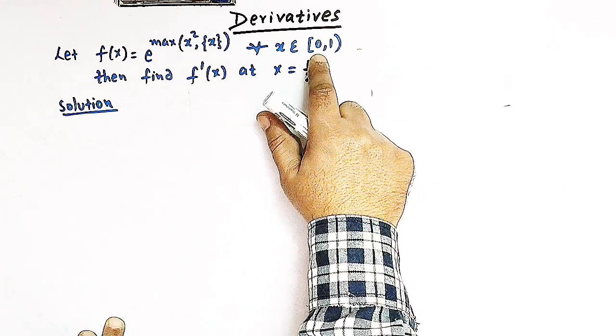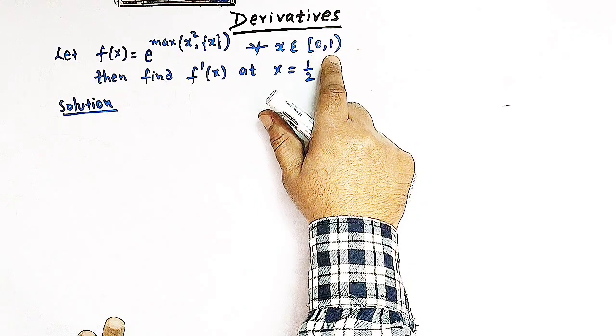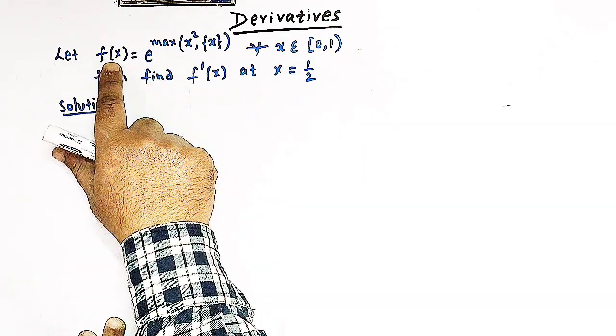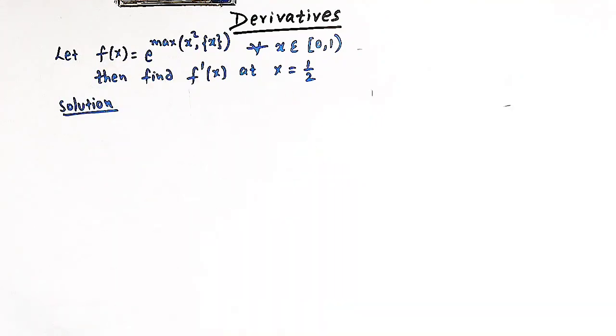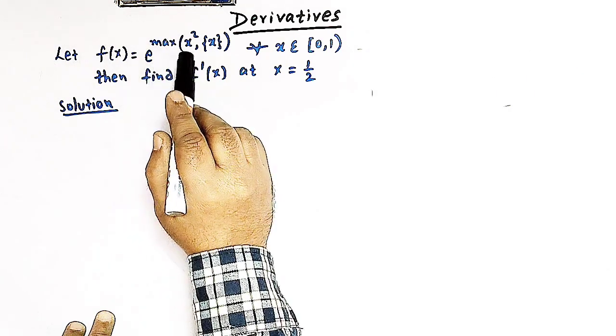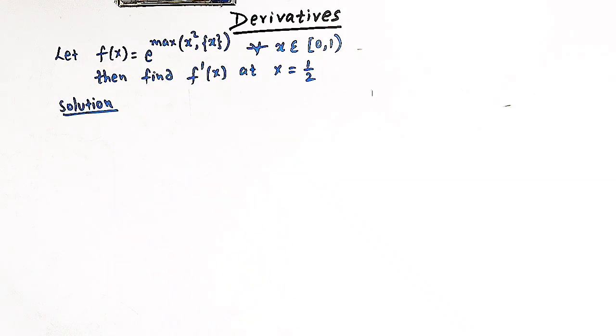So here 0 is included and 1 is not included, and we have to find the derivative of f of x at x is equal to half, right? So let us see how we can solve this problem using the concept of maximum of two quantities a and b.